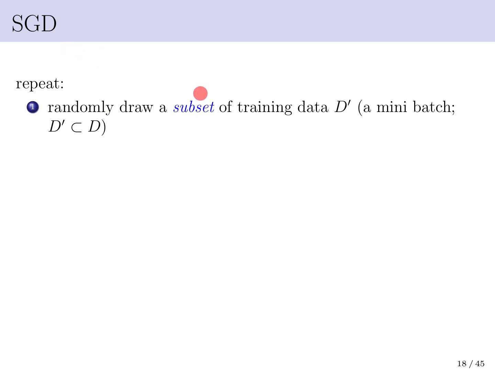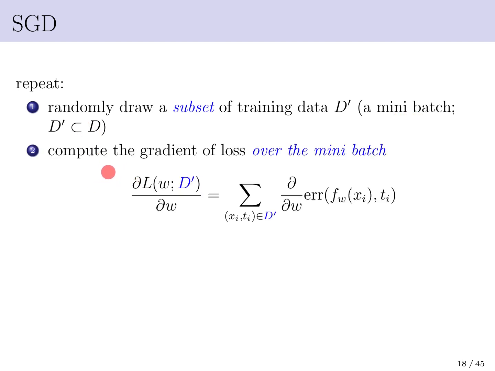SGD works on a subset of the training data set at a time. So it repeats randomly drawing a subset of training data, let's call it D prime, also commonly called a mini batch, which is a subset of the entire data set, and computes the gradient of the loss over the mini batch instead of the entire data set as in gradient descent.